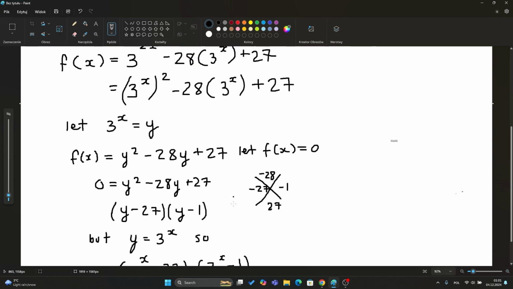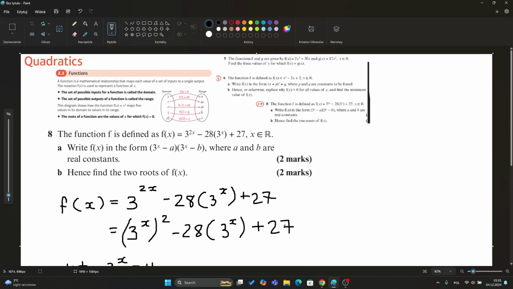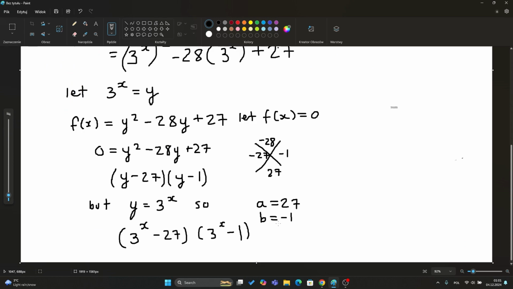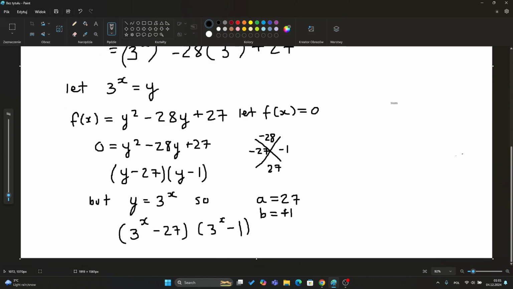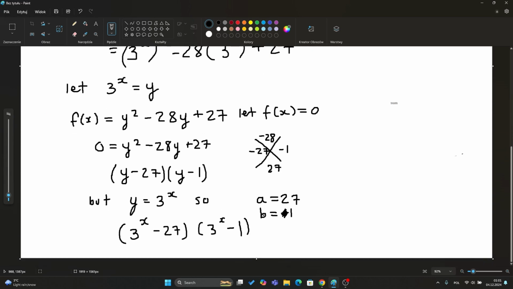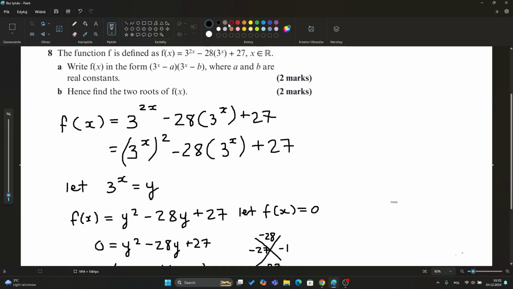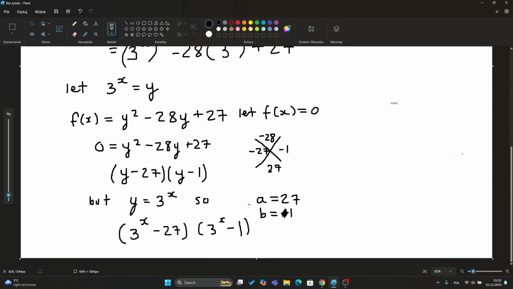So here a is 27 and b is minus 1, plus 1, so without minus, where they are real constants. Now part B says to use the first part of the question to find the two roots.